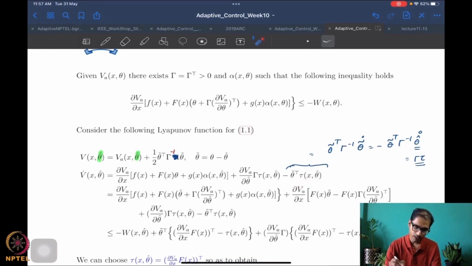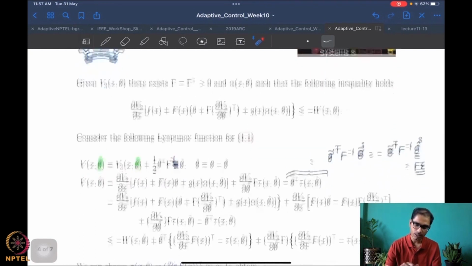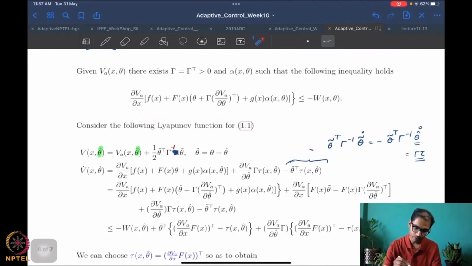So once you make this substitution, I want to replace this with the modified system, because this inequality I have is on the modified system. So I take fx and replace it in terms of the modified system. All the thetas become theta hats, so this is theta hat plus gamma del VA del theta hat transpose. And everything else remains exactly the same, if you notice. But now because I've added this term, I also have to subtract this term.